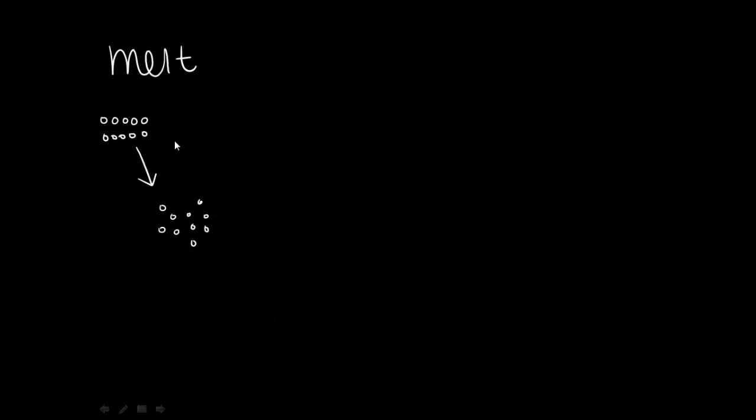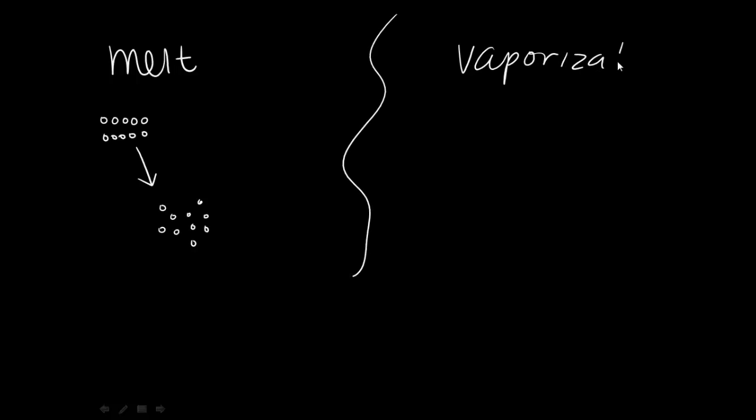Okay, so yes, it takes energy to break the IMFs that are holding them together in place, but it's really just enough energy to break them free. Okay, if we talk about vaporization, we're talking about going from that liquid state where they're pretty close together but free to move around to completely separated.